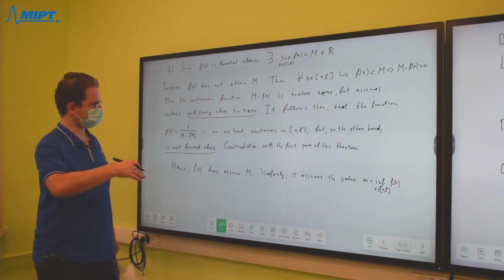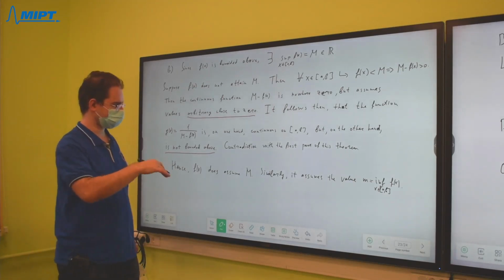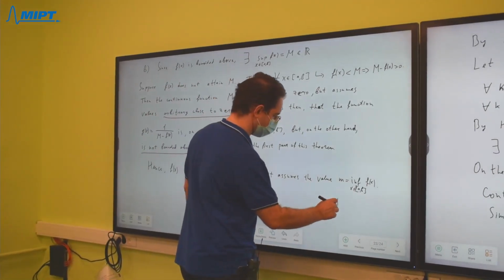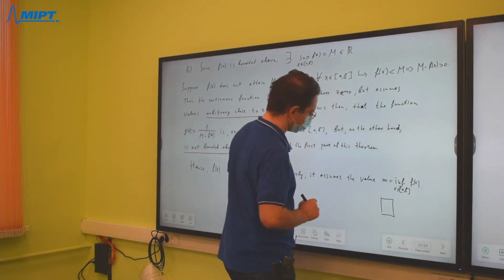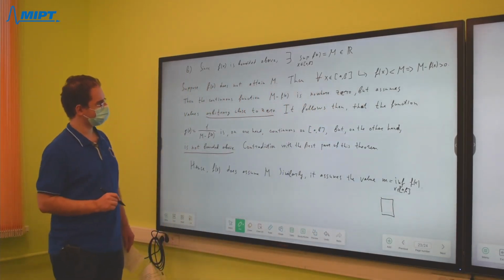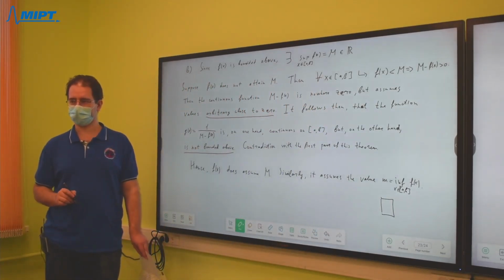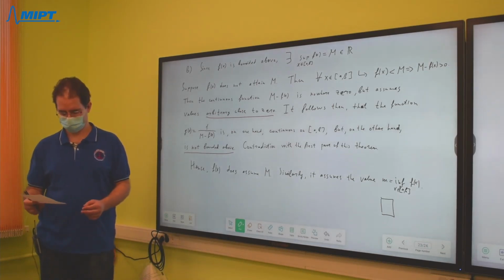So it assumes both exact upper and exact lower bound. So those are maximum and minimum. So this is the end of the proof. Any questions?